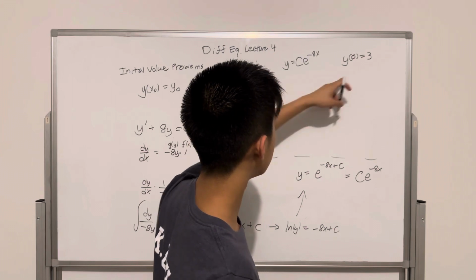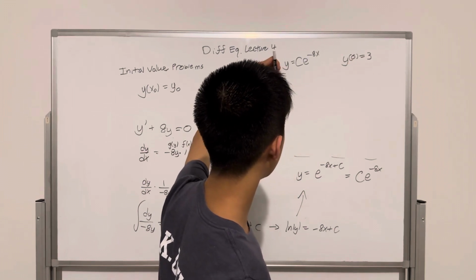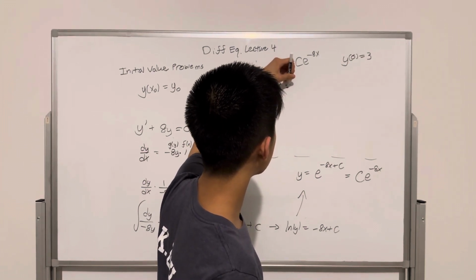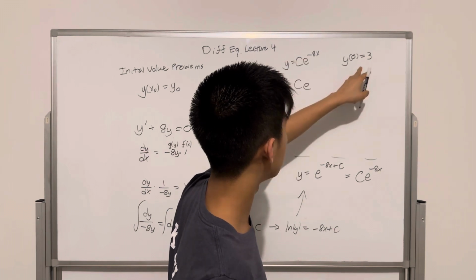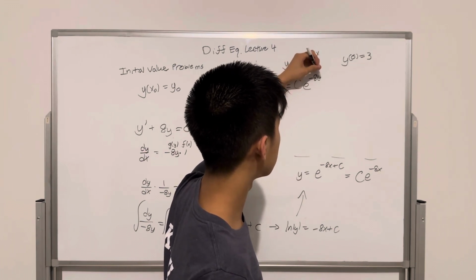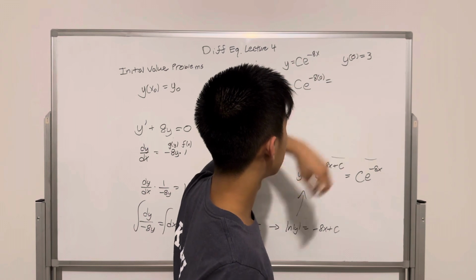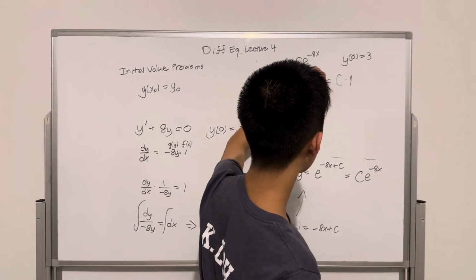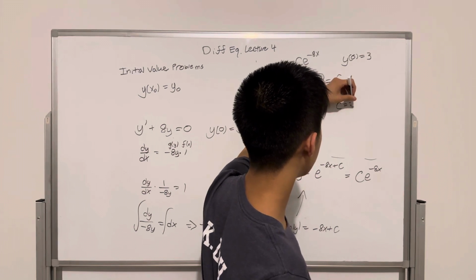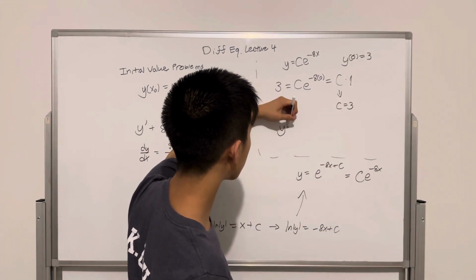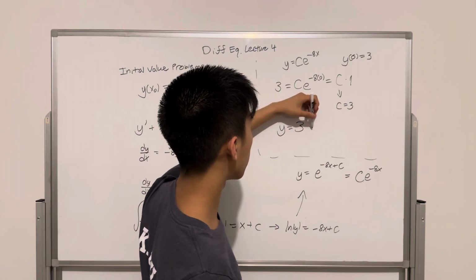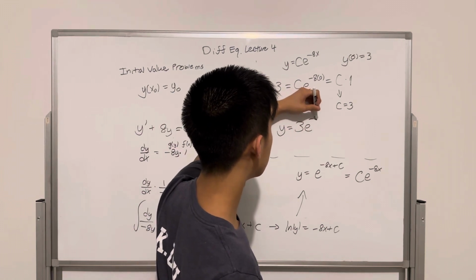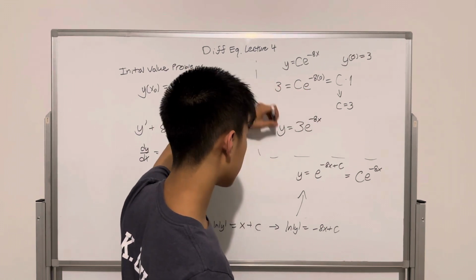So by plugging in 0 for x, we have 3 equals c e to the negative 8 times 0 power. So we have c times 1. That would leave c equaling 3. Therefore, our more specific solution would be y equals 3 times e to the negative 8x power.